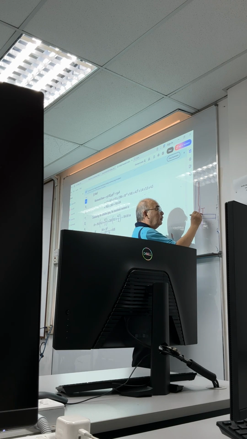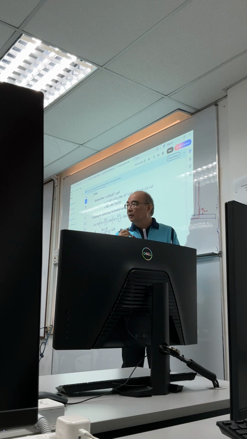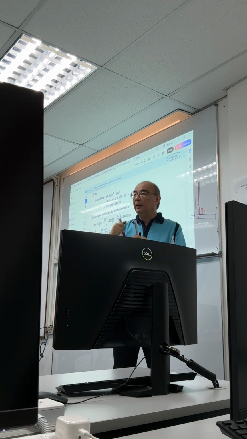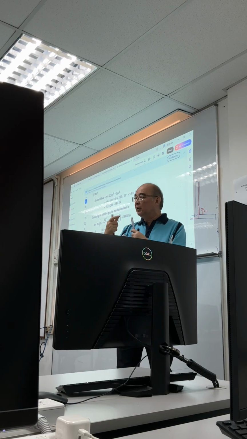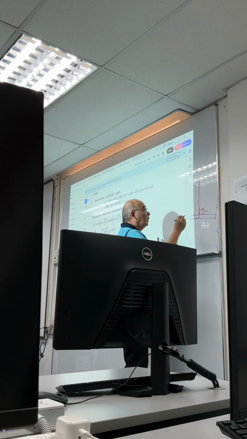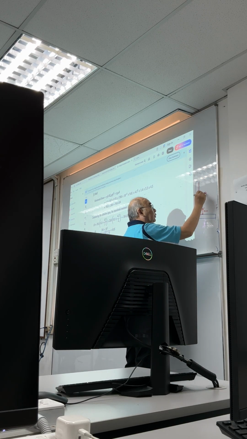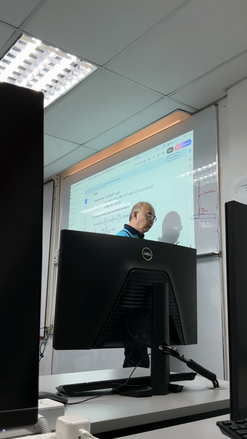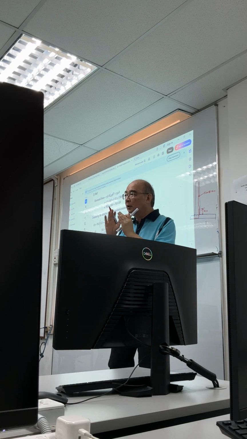Then you have to tell what's the lap length. Is it 400? Depends on your bar diameter. Different bar diameter will have different lap length. The smaller bar diameter, smaller lap length. And here they use T20 at 200.